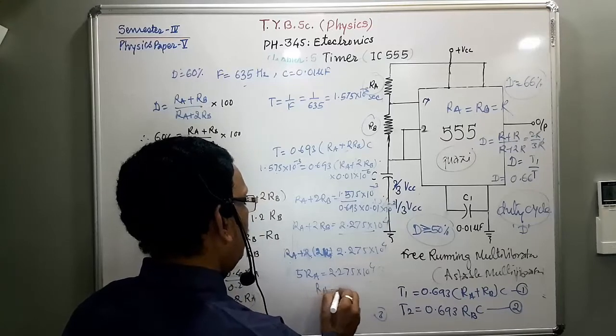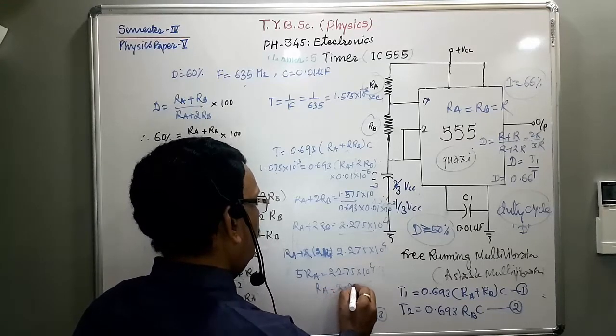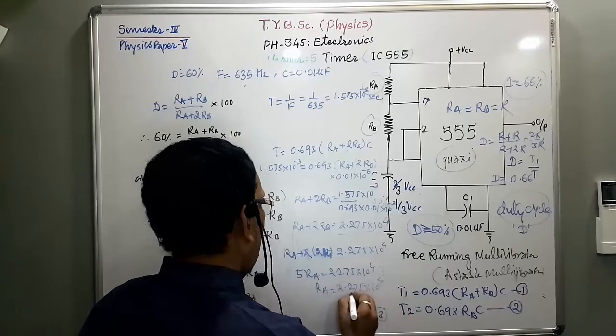Therefore, RA is equal to 2.275 into 10 raised to 4 upon 5.